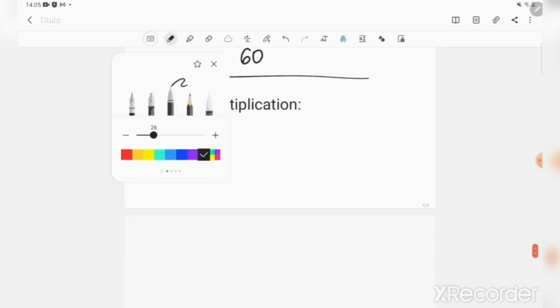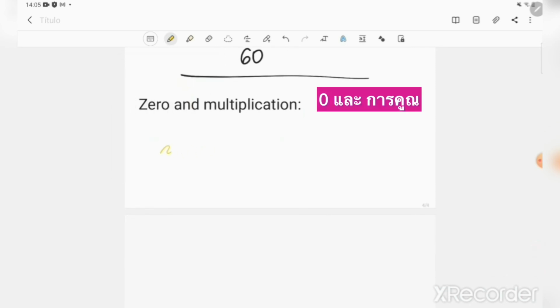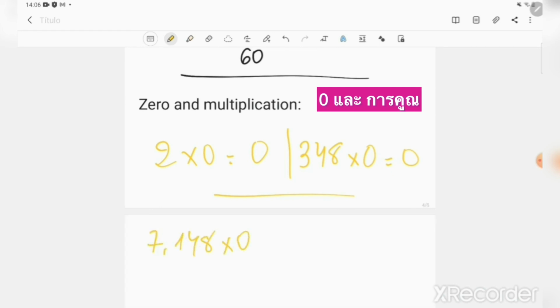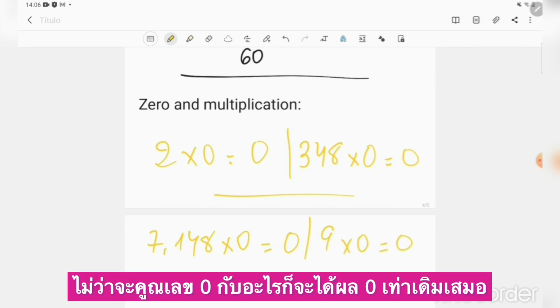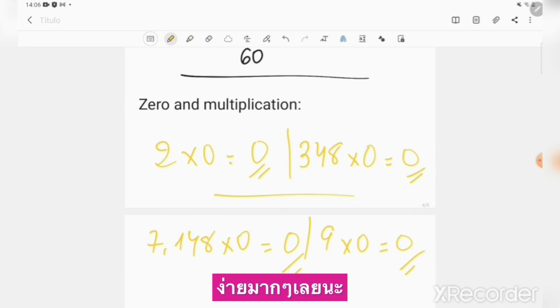Any number that we multiply by 0 equals 0. 2 multiplied by 0 is 0. 348 multiplied by 0 is 0. 7,148 multiplied by 0 is 0. 9 multiplied by 0 is 0. Always the same. Every time that we multiply a number by 0, we will always get 0. Really easy.